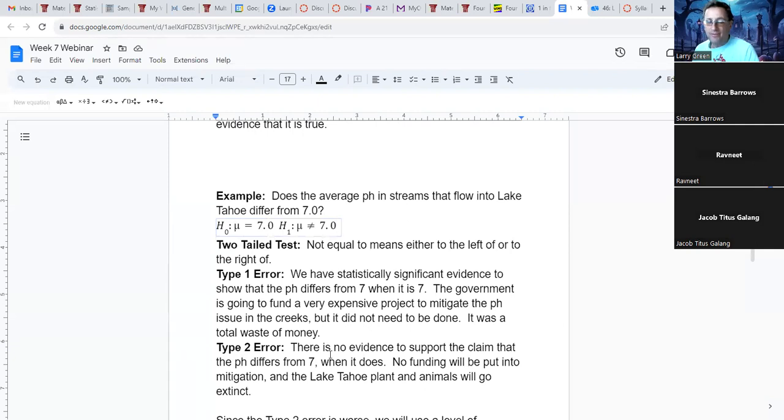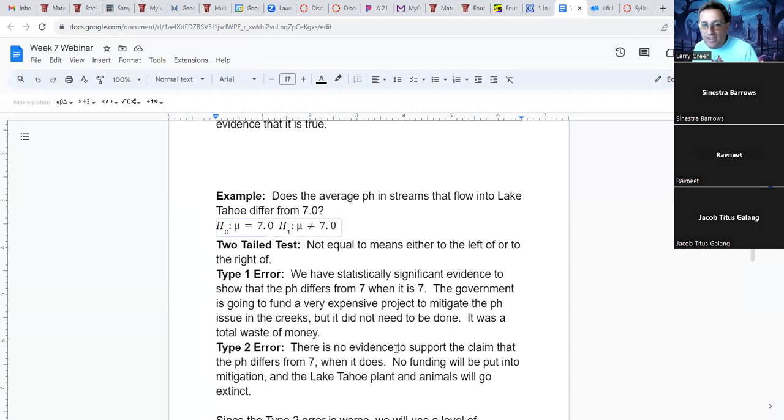Okay, type 2 error is kind of the false negative. It means that we did not have evidence to support the claim that pH differs from 7 when it really did. Well, if we can't show that pH differs from 7, the government's not going to give money to change the pH and to improve that.